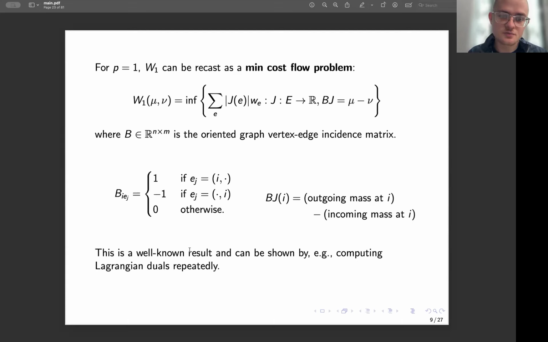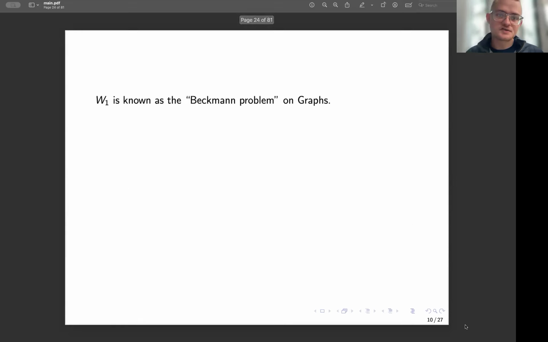So this result, when I say result here, I'm referring to the ability to recast W1 as a min-cost flow problem, can be shown by computing Lagrangian duals of the programs repeatedly. So if you start with W1, compute a dual, compute another dual, you'll land on this particular program. Okay, so this problem has sometimes been called, I certainly call it, the Beckmann problem on graphs.